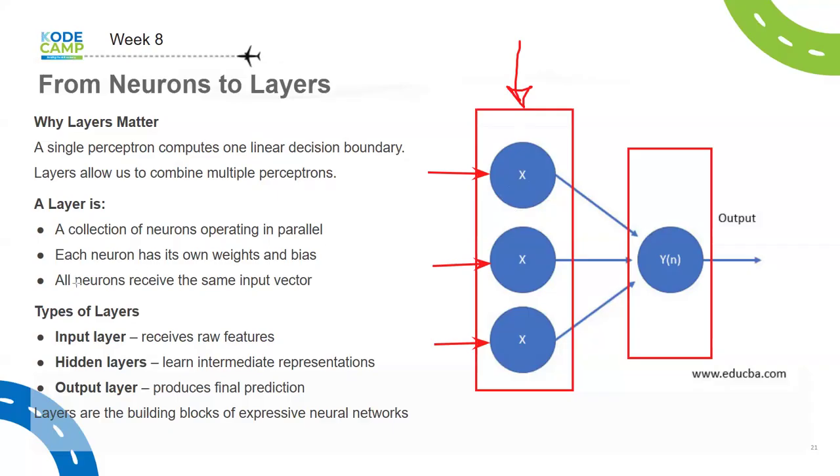Okay. All neurons receive the same input vector. So they all receive the same X vector. That same X vector is now going into each neuron. It's what we call a fully connected system. So the vector is applied to the three neurons.